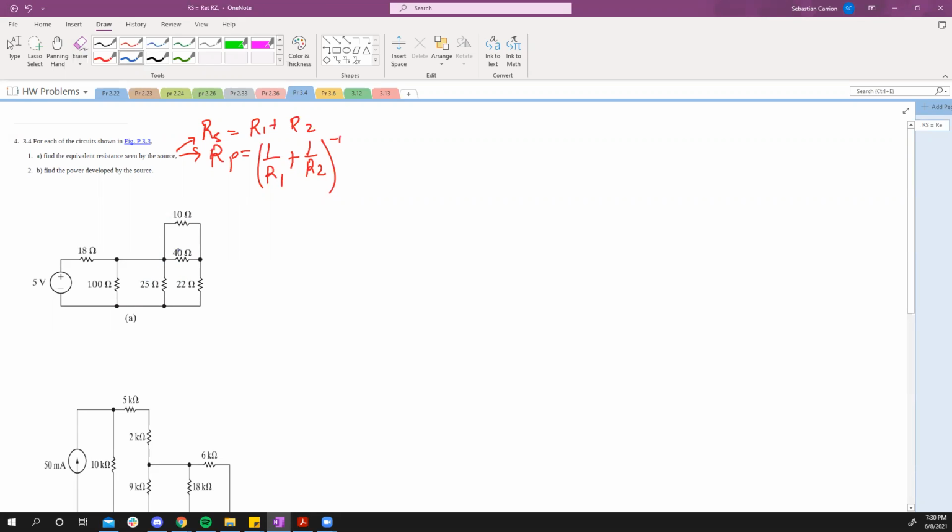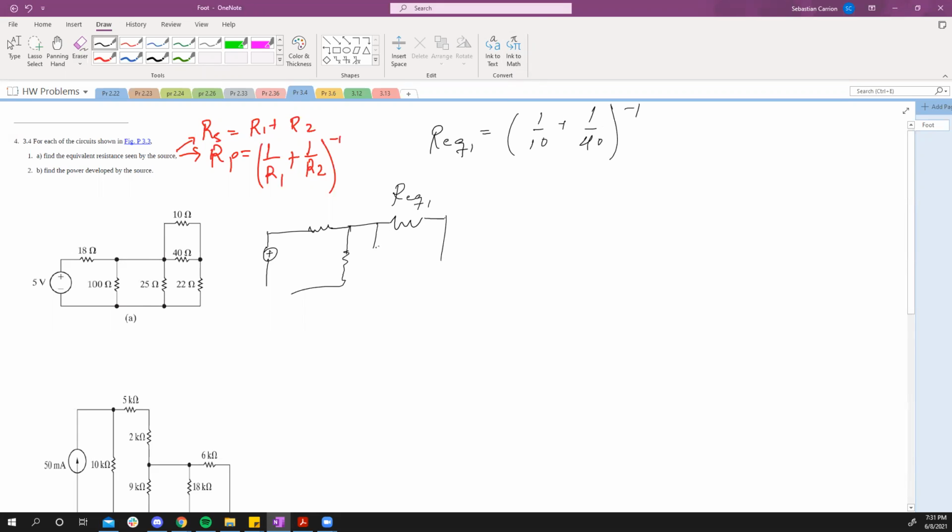Since these two resistors share these two nodes, we're going to say these are in parallel, right? So I'm just going to redraw. This is going to be our R equivalent one. R equivalent one is 1 over 10 plus 1 over 40, to the negative 1.